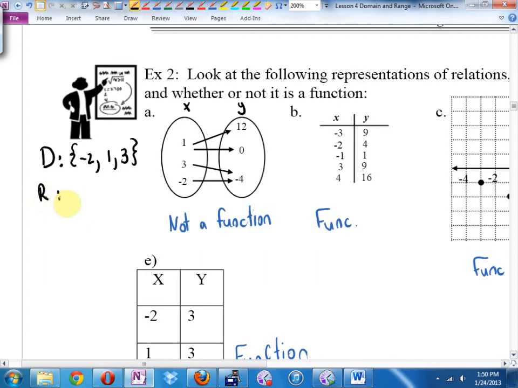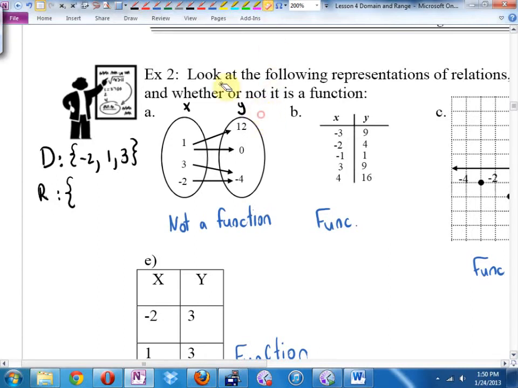What's the range of A? It's the y values, the outputs, the dependent variables, all different words for the same thing. What's the range? Just read them out. You're overcomplicating. What's the range? 12, 0. Go in order, smallest to biggest. -4, 0.